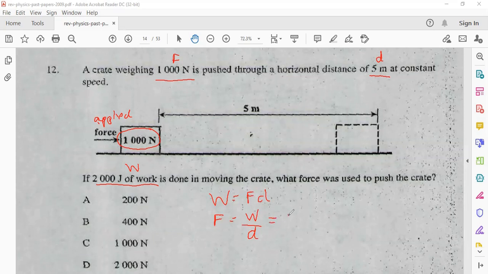The work done was 2,000 joules all over the distance that we moved it through, 5 meters. And so our answer is, did you say 400? Good. 400 newtons.